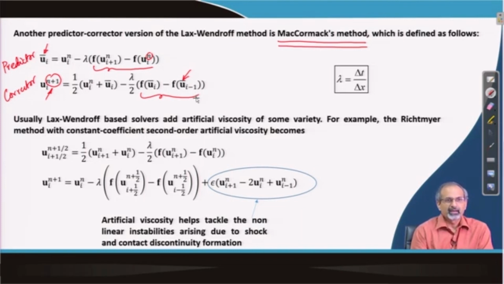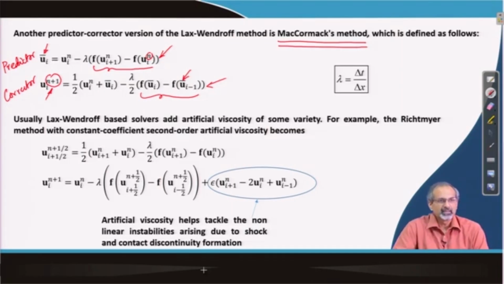So, you can imagine that waves which are travelling from right to the left will be better tackled in this step, and waves which are travelling from left to the right will be tackled better with the second step. So, with this mixing and matching, it manages to capture different kinds of waves which are possible in a given flow field through the change in the direction or the bias in the stencil.